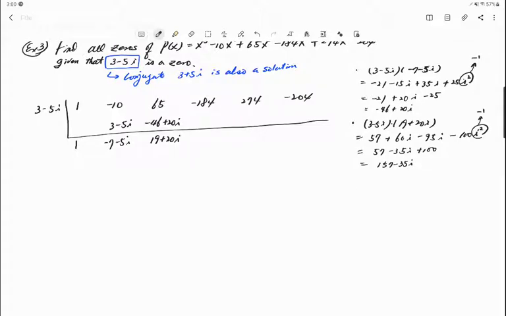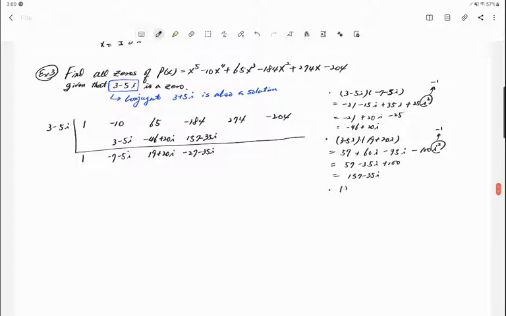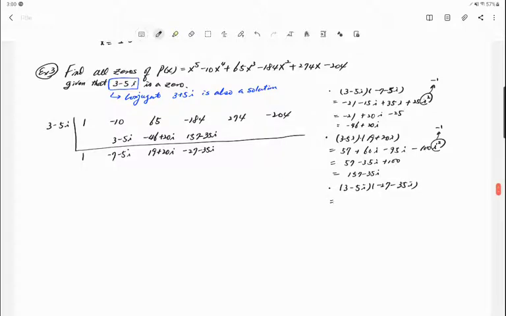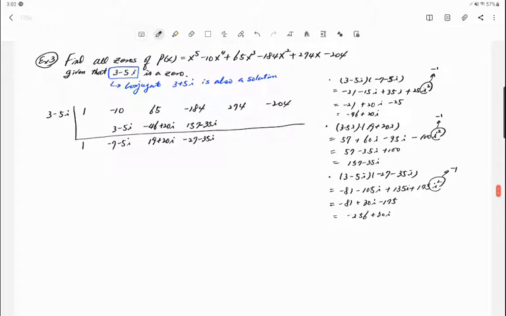So write it down in the next line, and add these two, so negative 27 minus 35i. Okay, let's try one more. We're going to multiply 3 minus 5i and negative 27 minus 35i. Let me try it again.